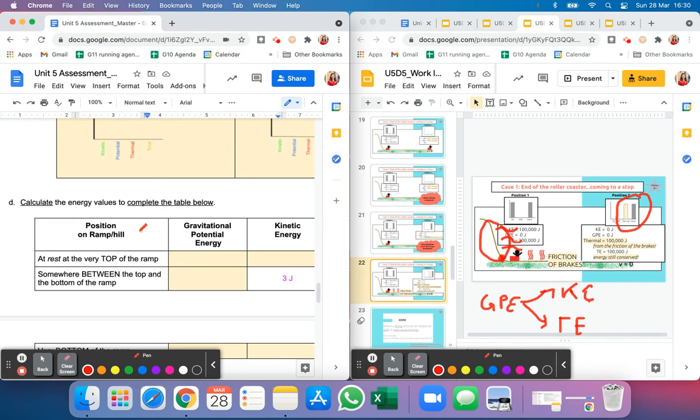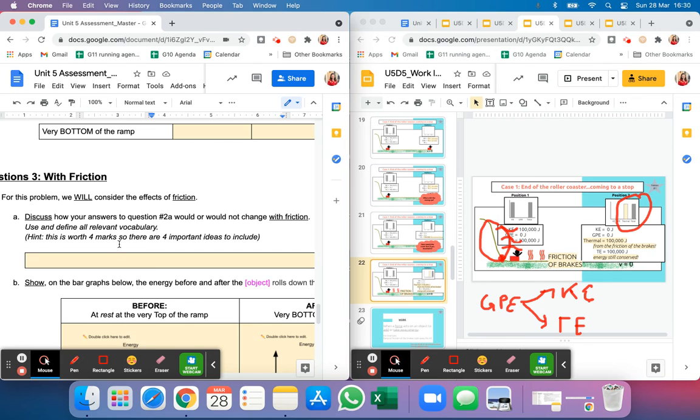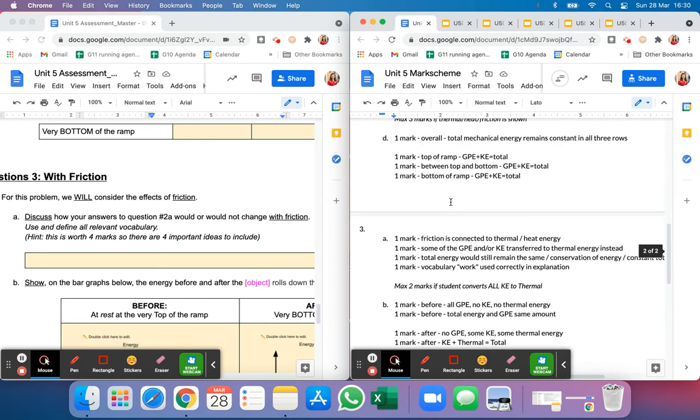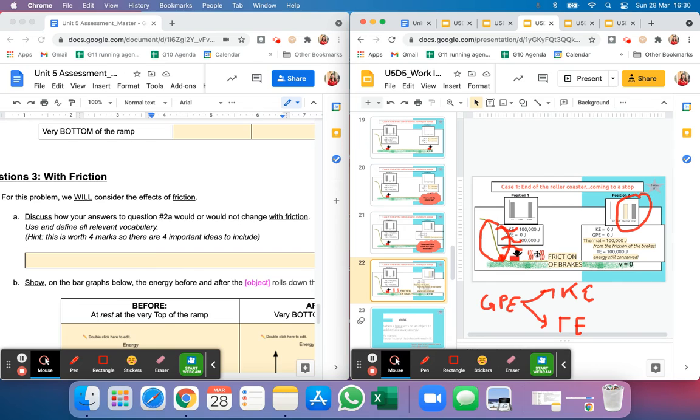All right, so lots of you did a really good job with that. There were 4 important ideas to include. So first of all, we wanted you to recognize that friction is thermal energy. Just like we saw here, we saw these little heat signs.